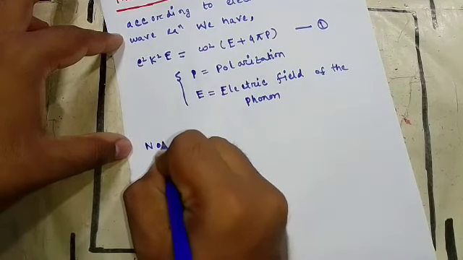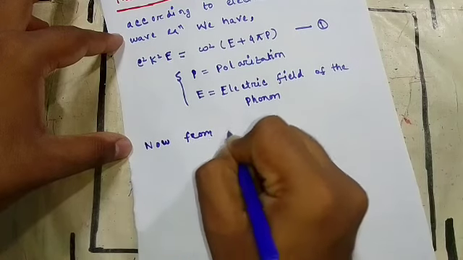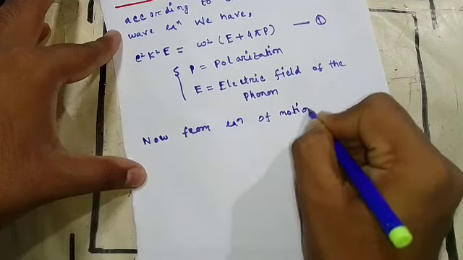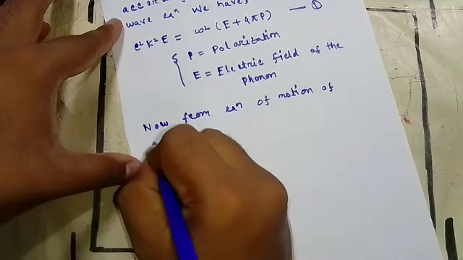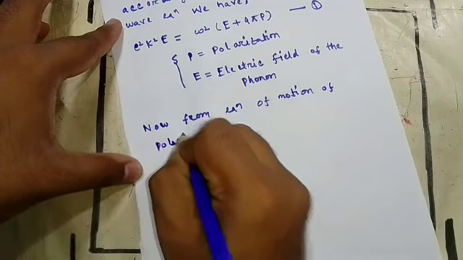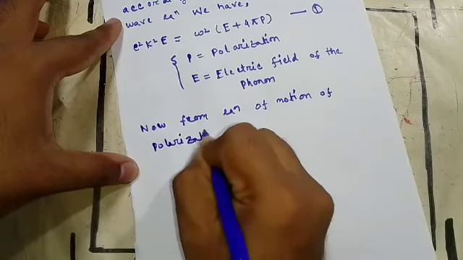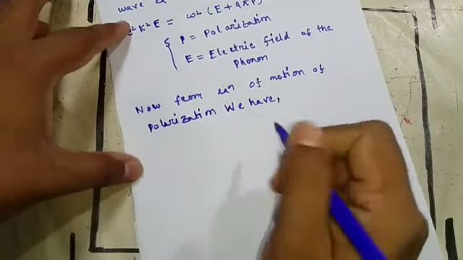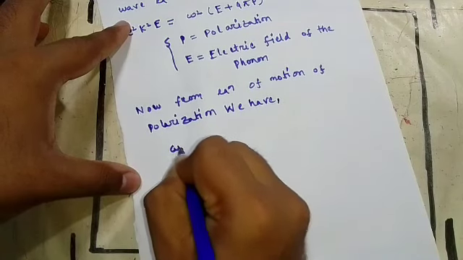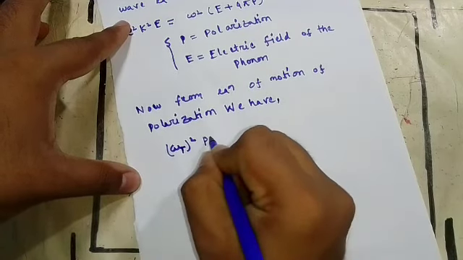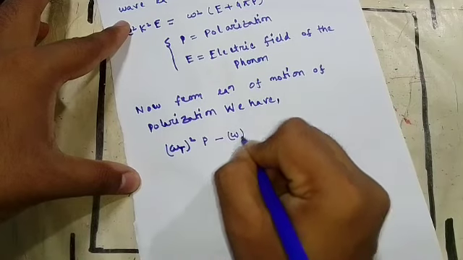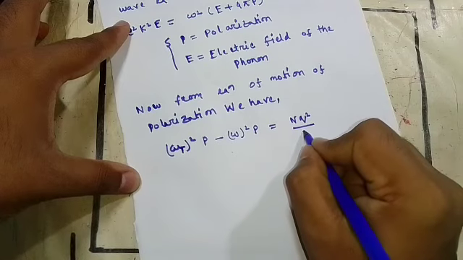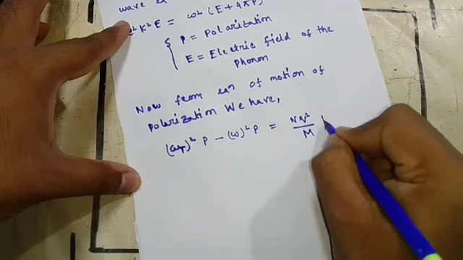From the equation of motion of polarization we have omega t square P minus omega square P equals n q square by m E.